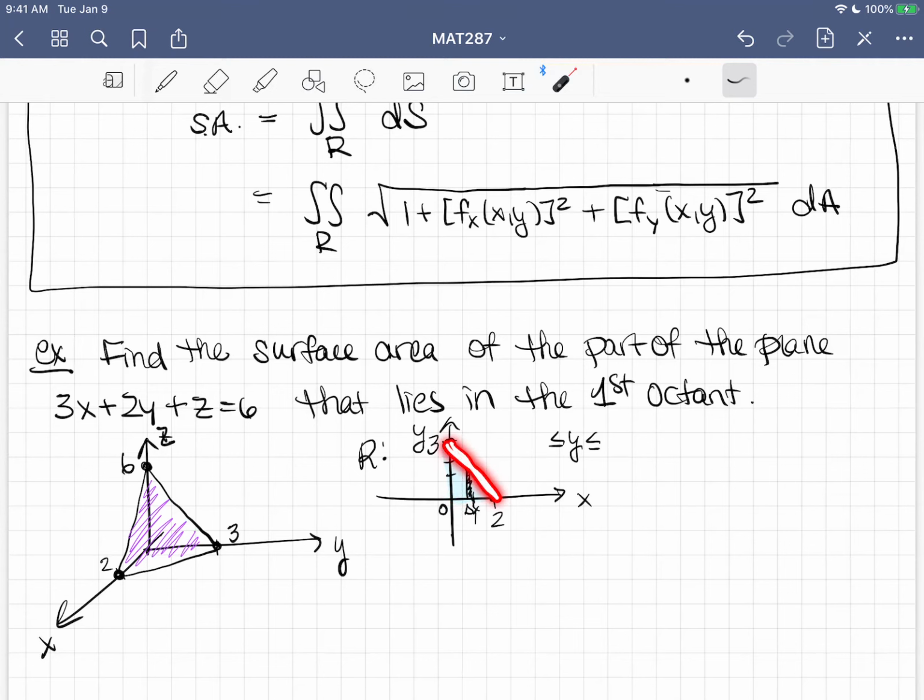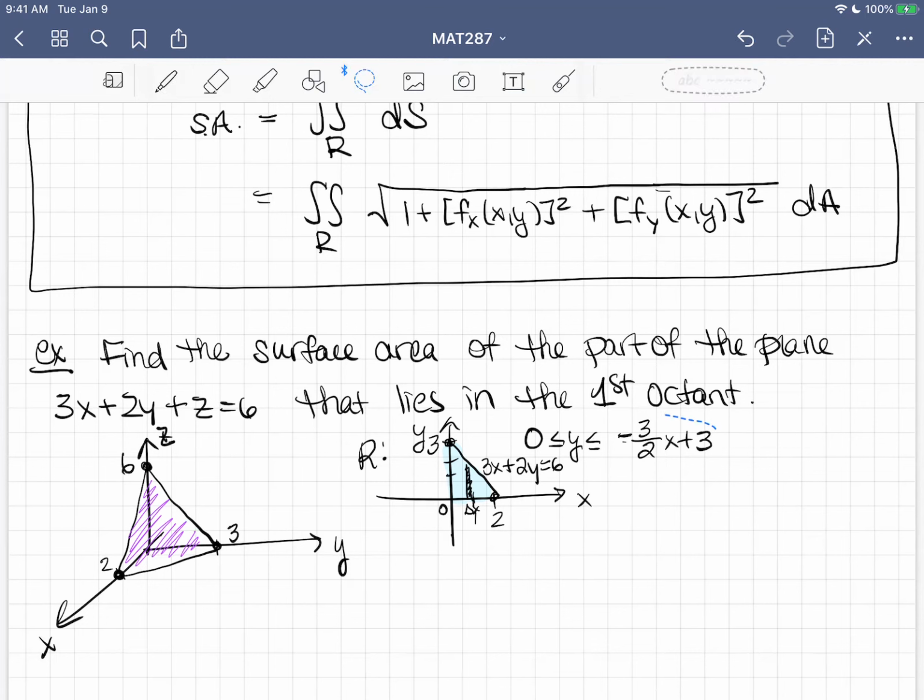This is the line that is the equation of the plane when z is 0. So this is 3x plus 2y equals 6. And rearranging gives me y equals negative 3/2 x plus 3 is the equation of the line, and we're going from 0 to that.